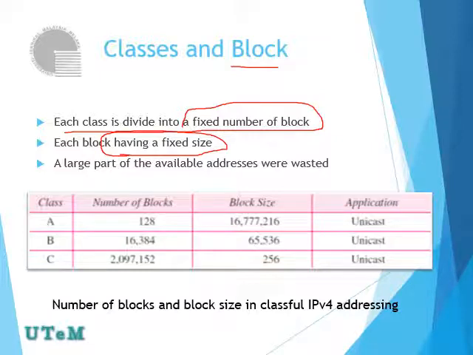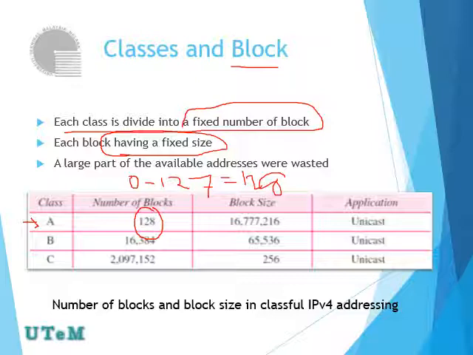Class A contains 128 blocks, because class A is between 0 and 127. So in total we have 128 blocks.